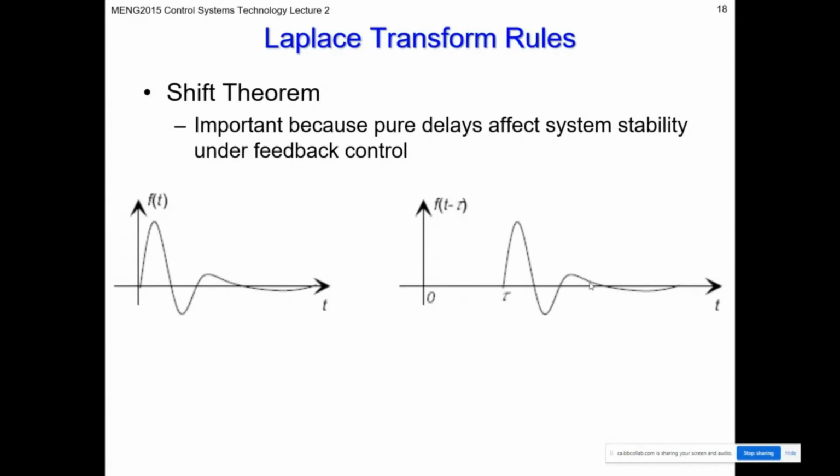One more rule we're going to look at is the shift theorem. This one is useful as well because sometimes you get systems where there's a pure time delay, and we have to be able to account for that. So if this is our function f of t, you can see the shape and form of it, and it starts from time 0.